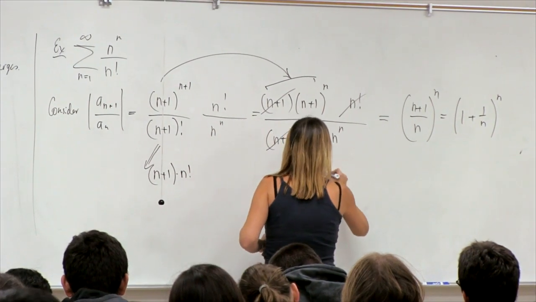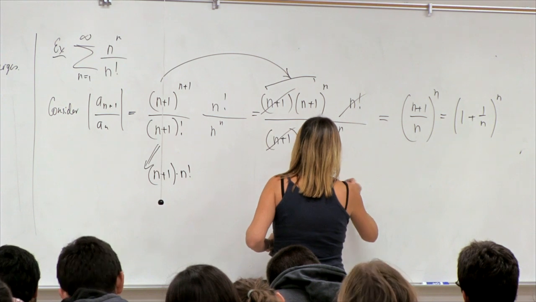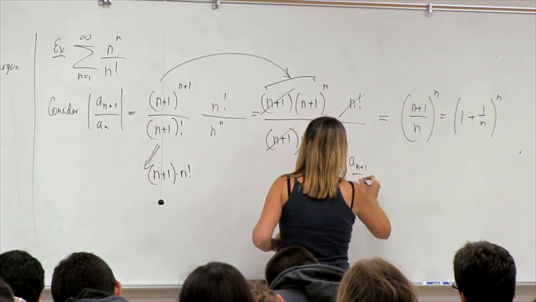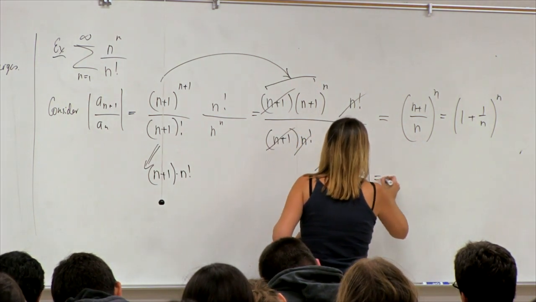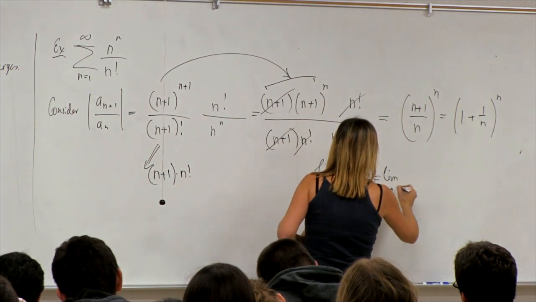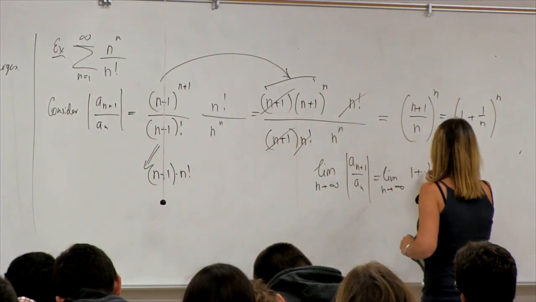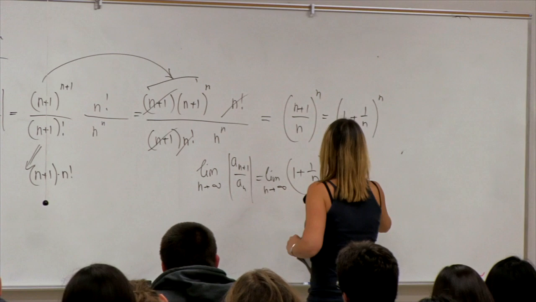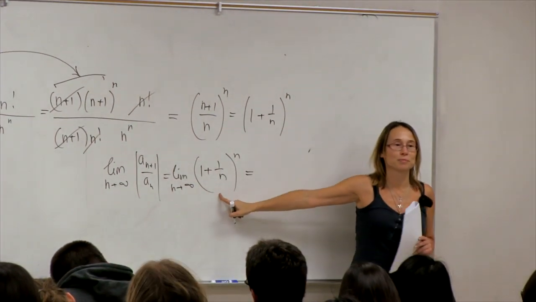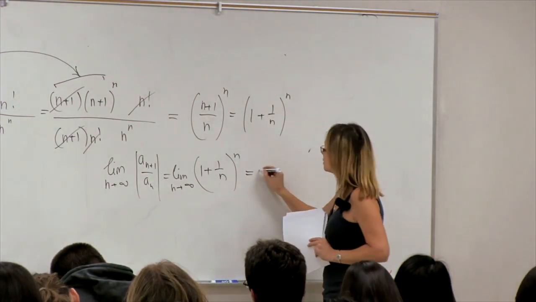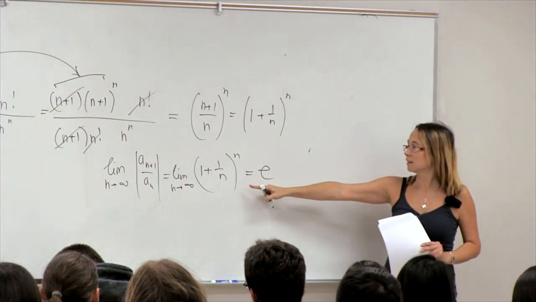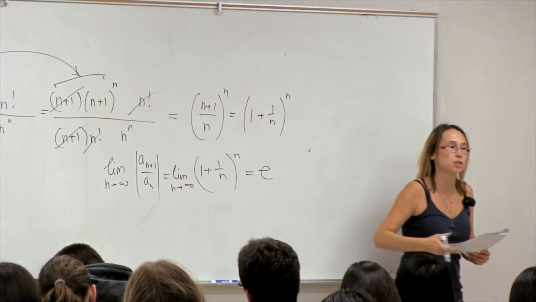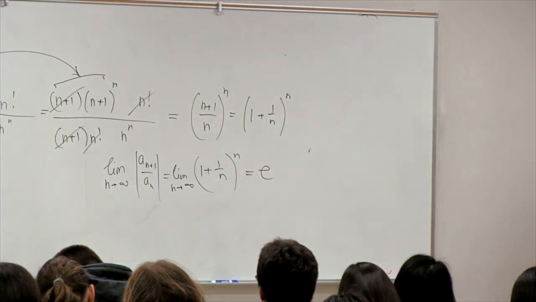So let's write down the limit as n goes to infinity of an plus 1 over an, which is the limit as n goes to infinity of this. Does anybody know what this is equal to? E, right? This is the famous number E. And in some courses, this is the definition of E. In some, it's a consequence.